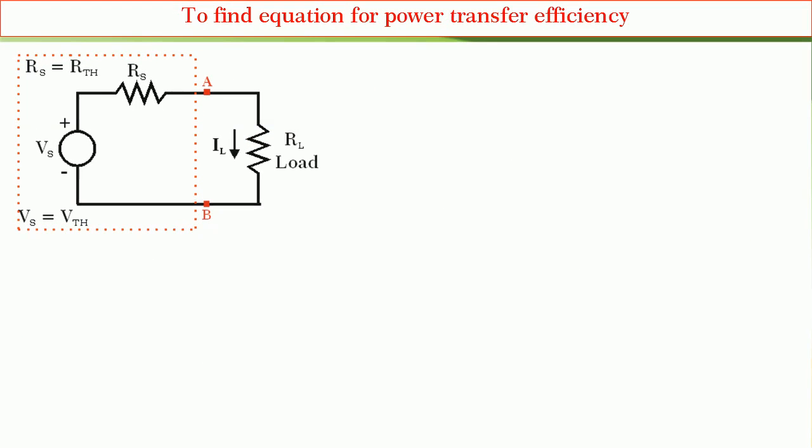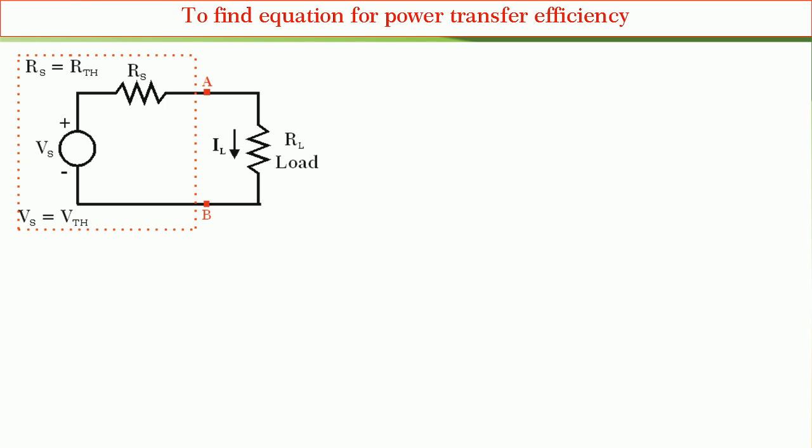Friends, now let us take up a very simple circuit consisting of a source and a load as shown in figure. A source of Vs volts with an internal resistance of Rs ohm is connected across a load resistance of RL. Can you recognize Thevenin's equivalent circuit in this figure? Yes, friends.